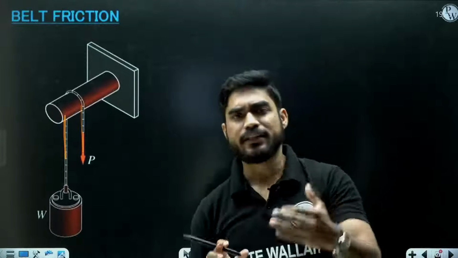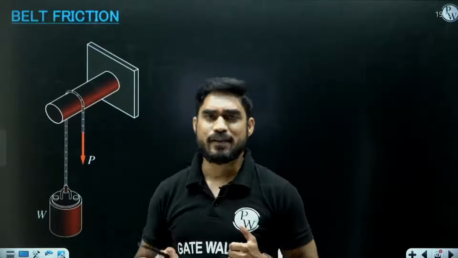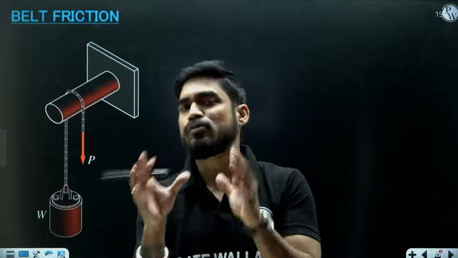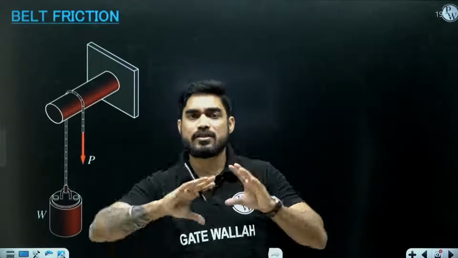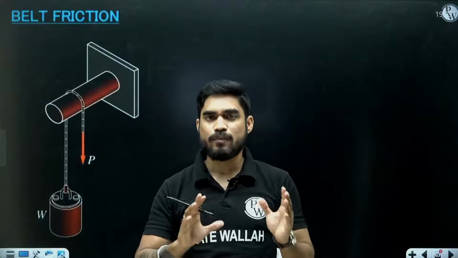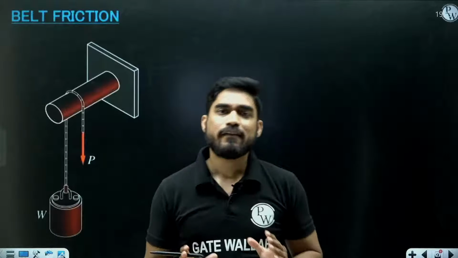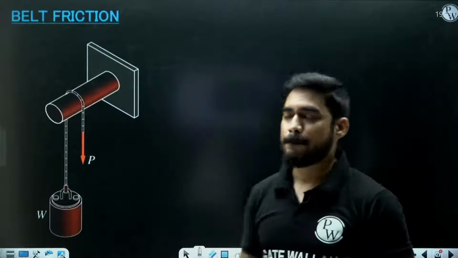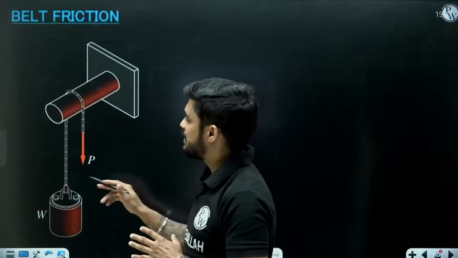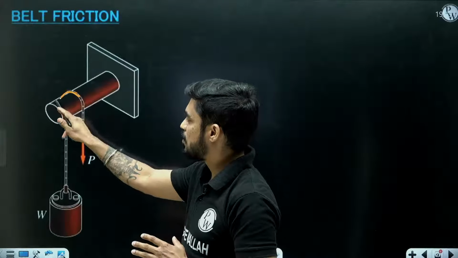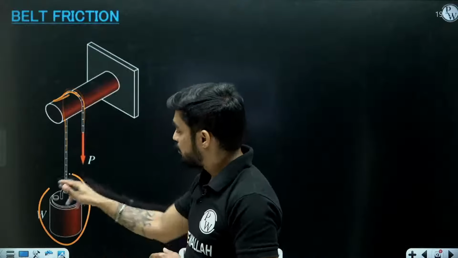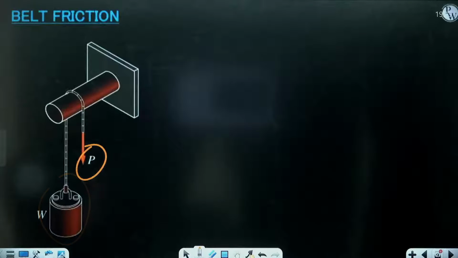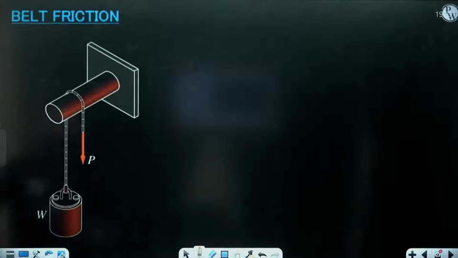That's what we have done in the previous chapter. We were assuming whenever there was a pulley, that pulley is frictionless, so tension on the rope on both sides of the pulley was equal. But if the friction is there between the surface of the rod and this rope, then the tension on both sides will be different.